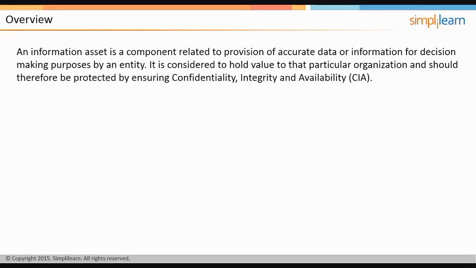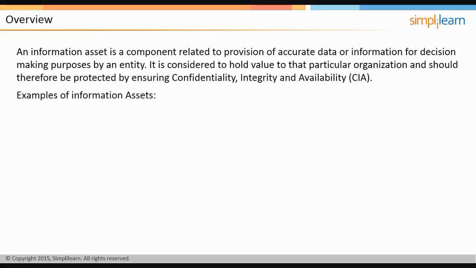An information asset is a component related to provision of accurate data or information for decision-making purposes by an entity. It is considered to hold value to that particular organization and should therefore be protected by ensuring confidentiality, integrity, and availability, CIA.